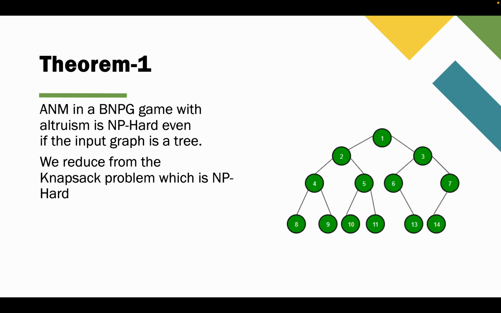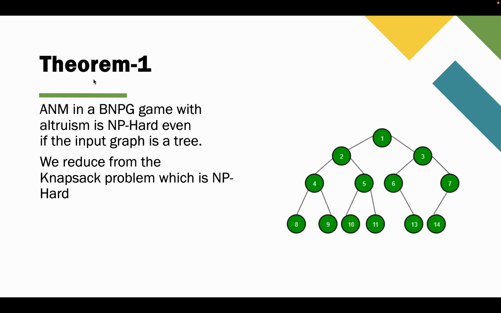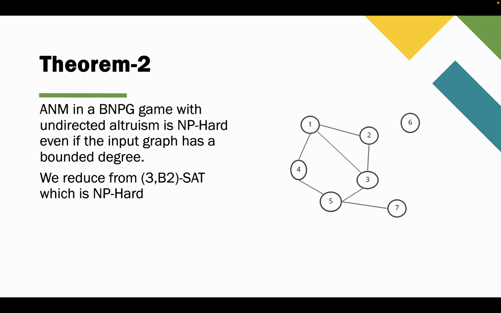The first result is that, just to recollect, we call this problem altruistic network modification, in short ANM. This ANM problem is NP hard even if the input graph is a tree, and we can show this by reducing from the knapsack problem, which is NP hard.